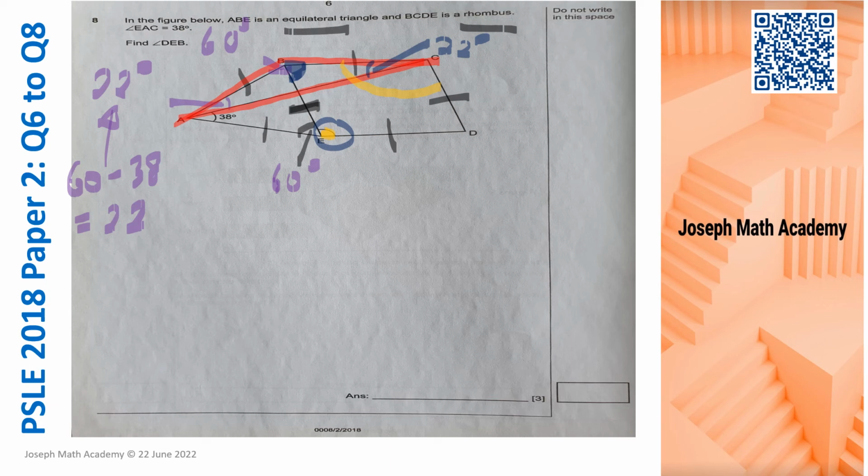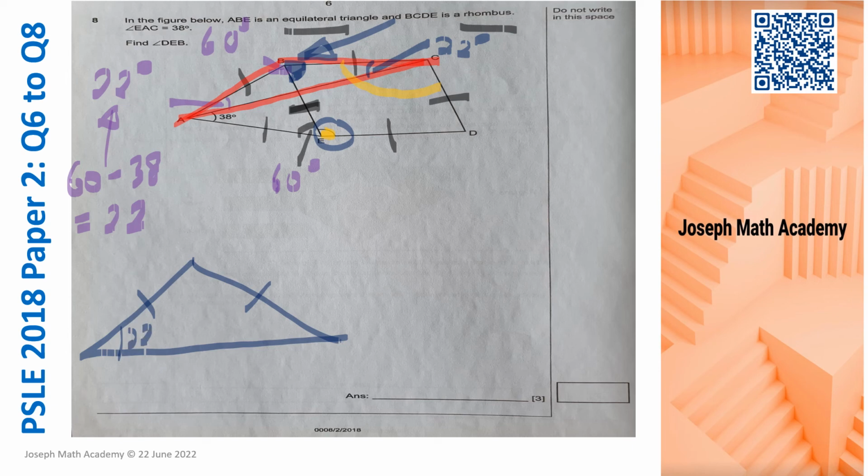Okay, so how to find this angle up here? This angle up here is actually part of the isosceles triangle. So I'm going to re-sketch the isosceles triangle. We have 22 here, we have 22 here, so we can find this. This is 180 minus 22 minus 22, which means 180 minus 44.